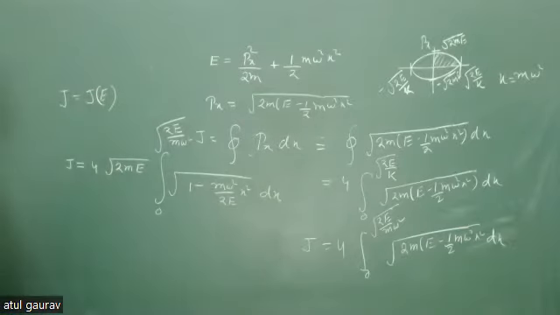Everyone is comfortable up to this? समझ में आ रहा है मैंने क्या किया है? I have just taken 2E common. Okay? And now next step, what will you do?